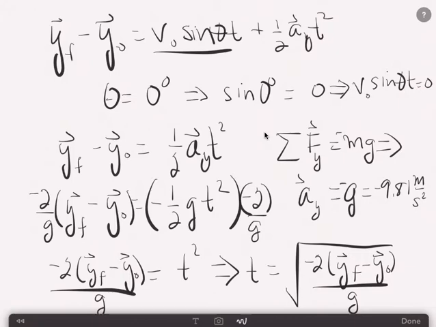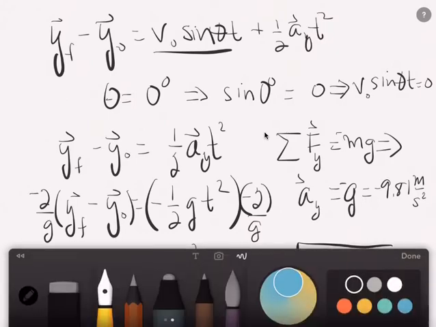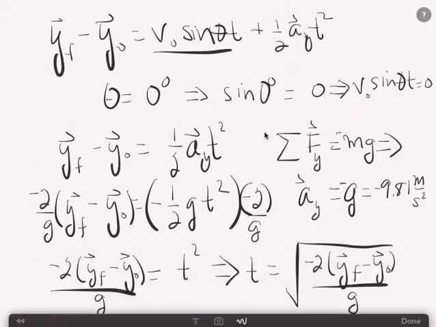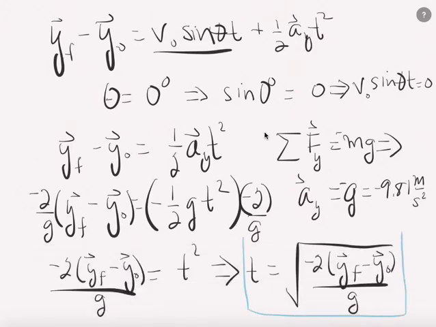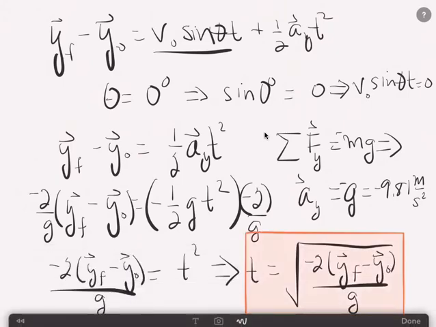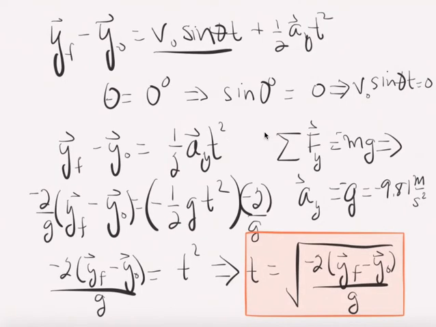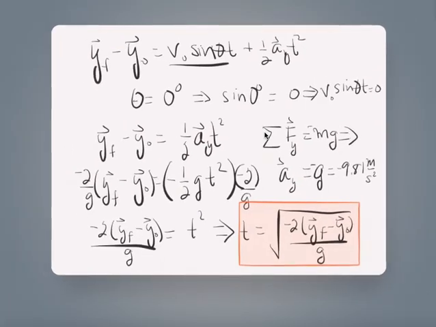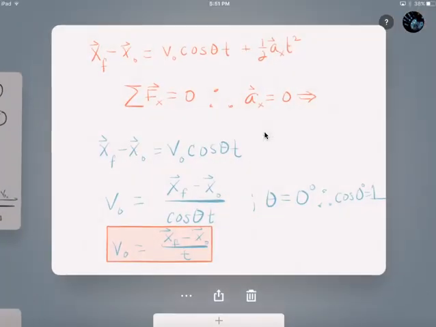But what do we need to know? We just need to know yf minus y initial, and we'll have the time of flight. So if I pull this up, the primary thing that we're going to need is this. So time is here. We'll have our initial velocity calculated here.